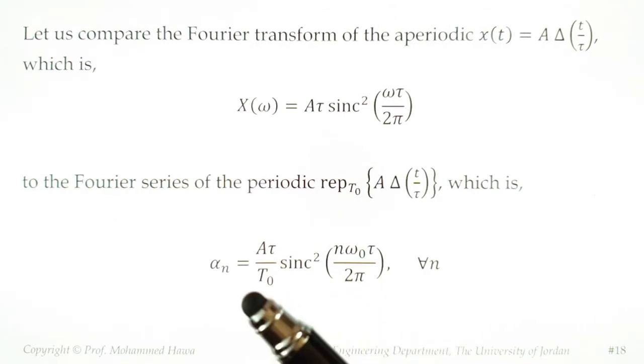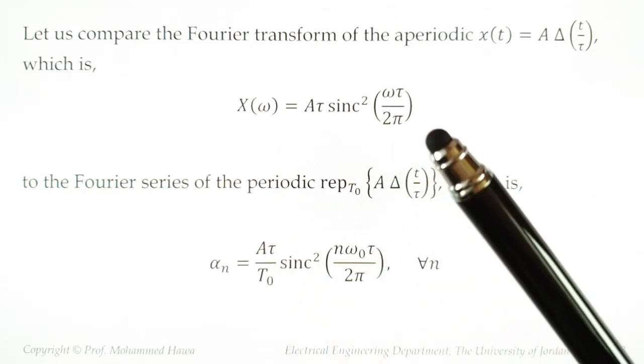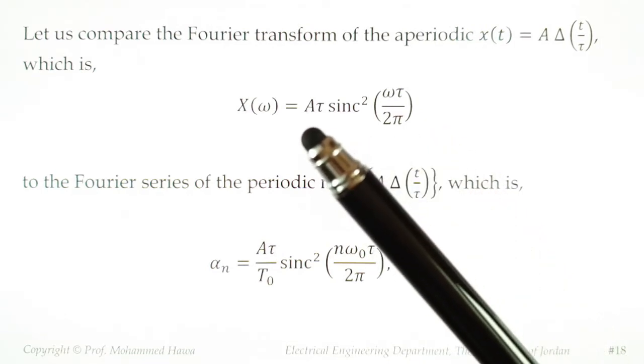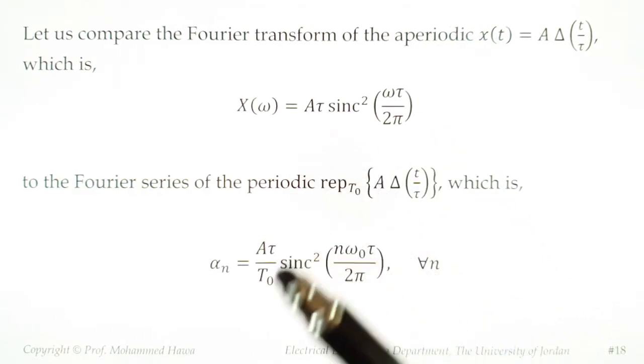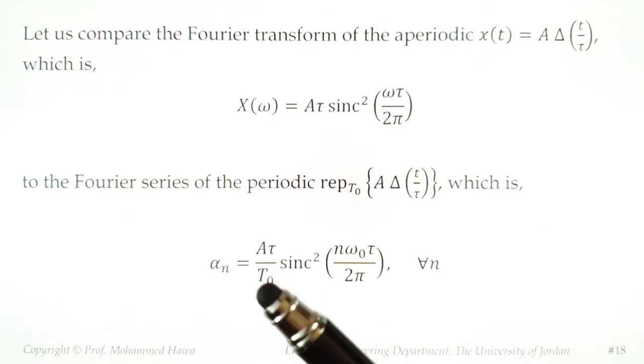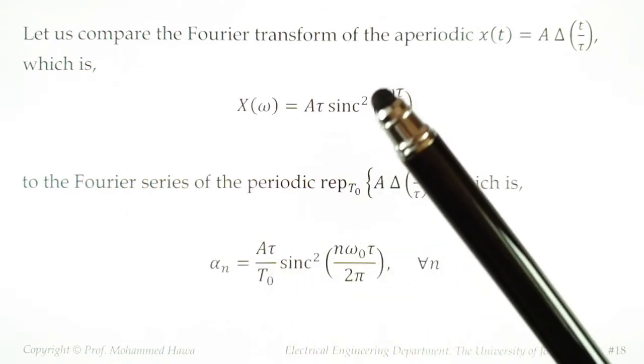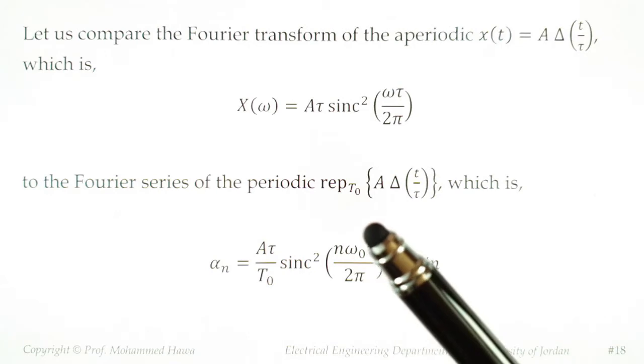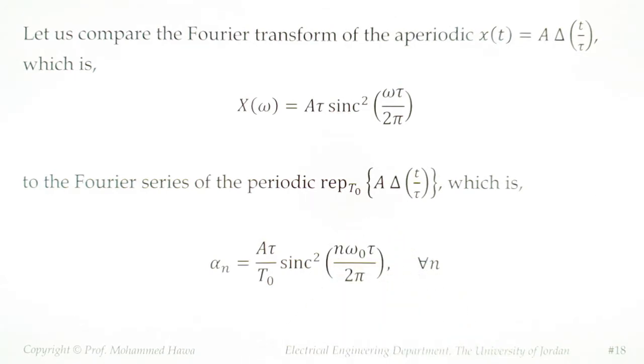Notice the similarity between this answer and this answer. The only two differences you'll find are that there is no T naught here, because this is aperiodic, and you divide here by T naught because this is periodic, and instead of continuous omega, we've replaced it with discrete omega equal n omega naught. Those are the only two differences, and this makes memorizing the answer quite simple.